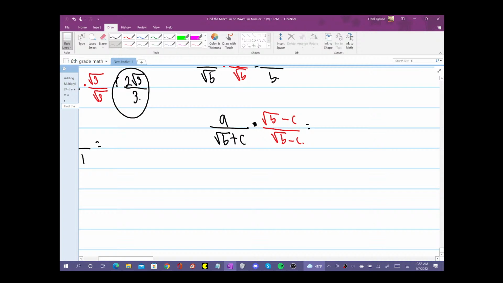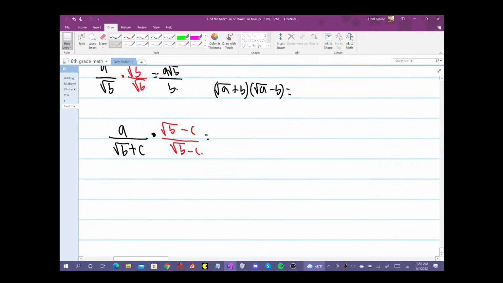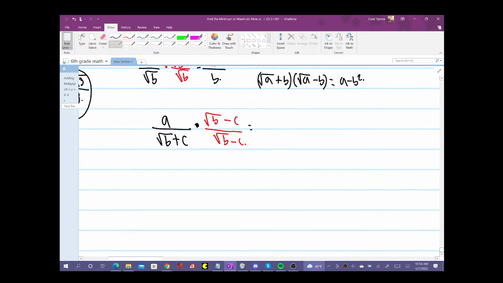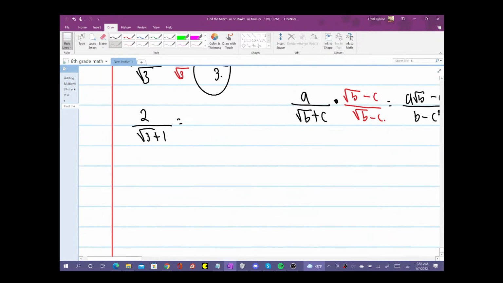So remember, the square root of b plus c times the square root of b minus c is going to be equal to b minus c squared.